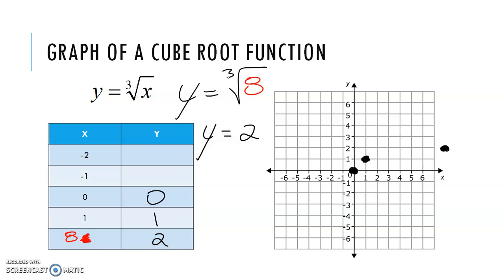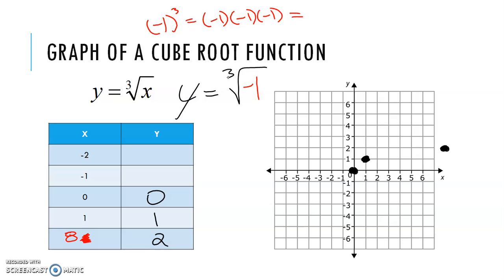Now we move to our negatives, and remember, we're going to start with -1. What happens when I plug in -1 underneath a cubed root? If you said it gives you a not real number, you are wrong. Remember, when we are dealing with a cubed root, it's the opposite of something being cubed.